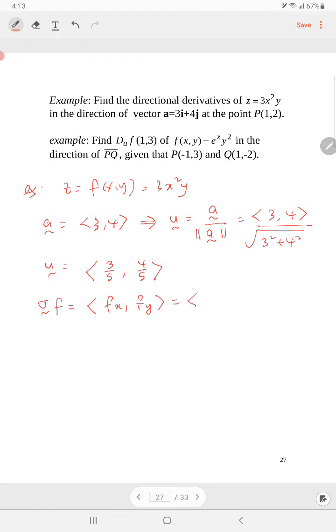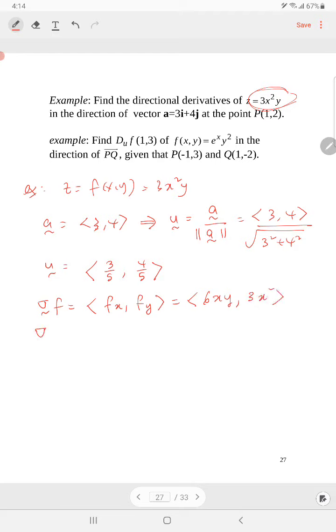Let's find the x component. Here we have our function f of x y, which is 3x squared y. Differentiating f with respect to x, we get 6xy. That is the x component. For the y component, we differentiate f with respect to y, which gives us 3x squared.